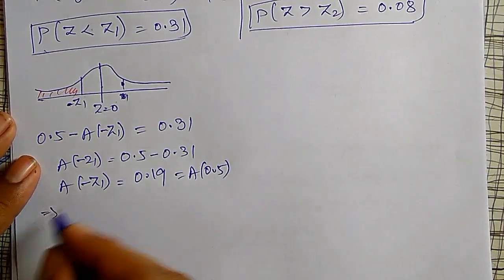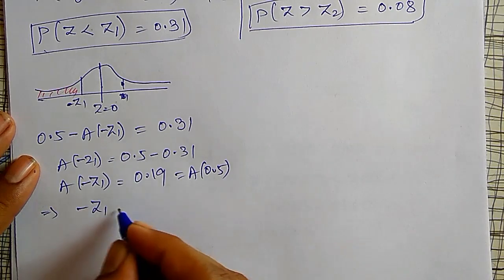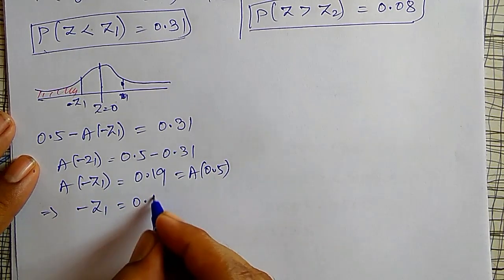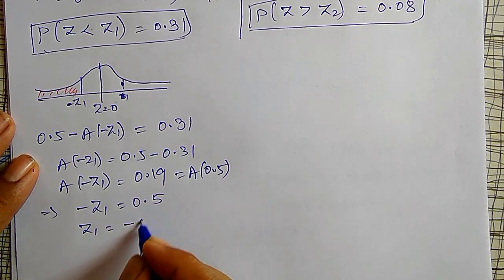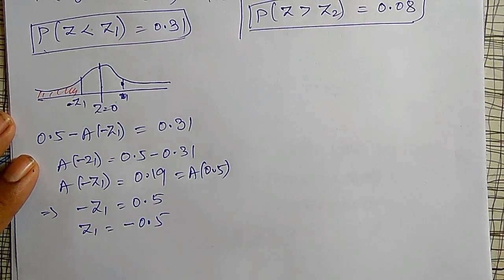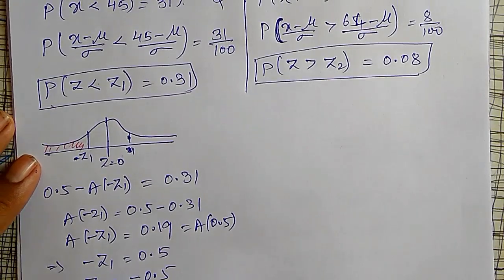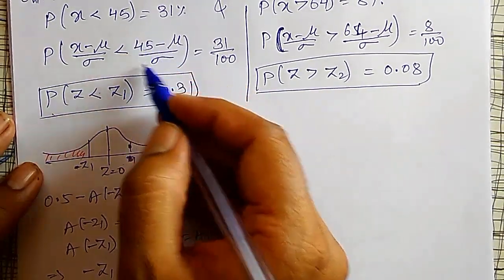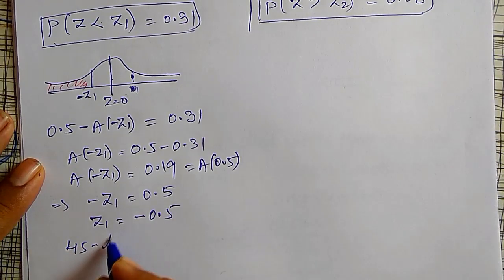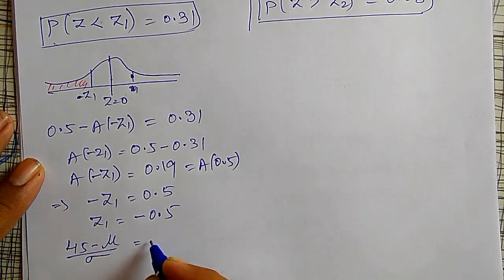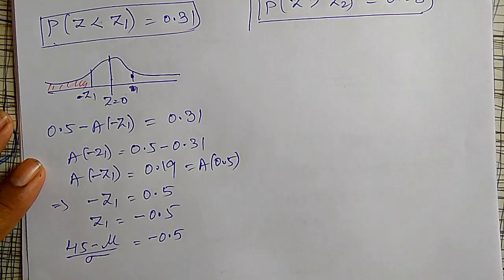Which implies minus z1 must be equal to 0.5, or z1 is equal to minus 0.5. But what have I chosen z1 to be? z1 is nothing but (45 minus mu) divided by sigma. So (45 minus mu) divided by sigma equals minus 0.5.